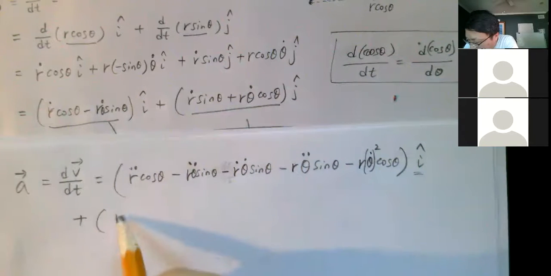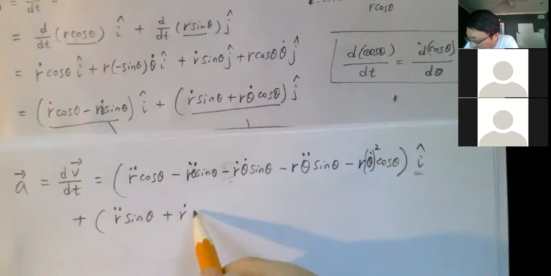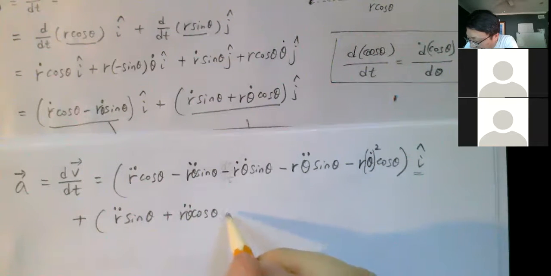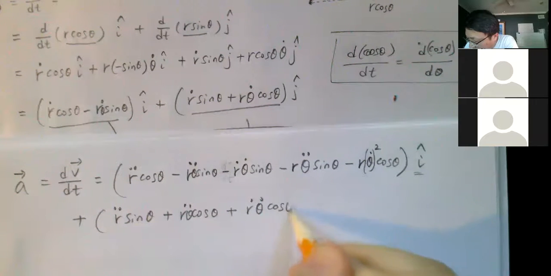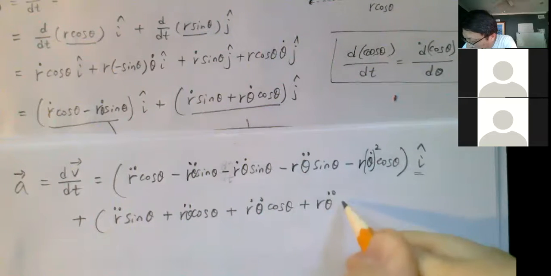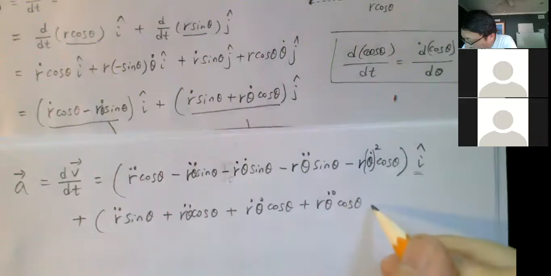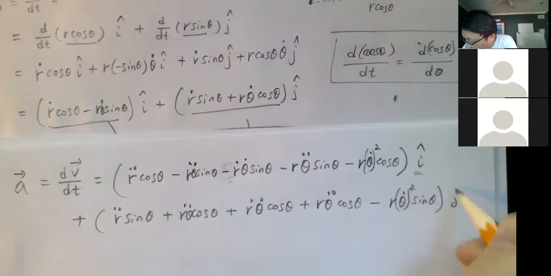The first one is r2 dot sine theta plus r dot cosine theta dot plus r dot theta dot cosine theta plus r theta dot dot cosine theta minus r theta dot sine theta dot square j.